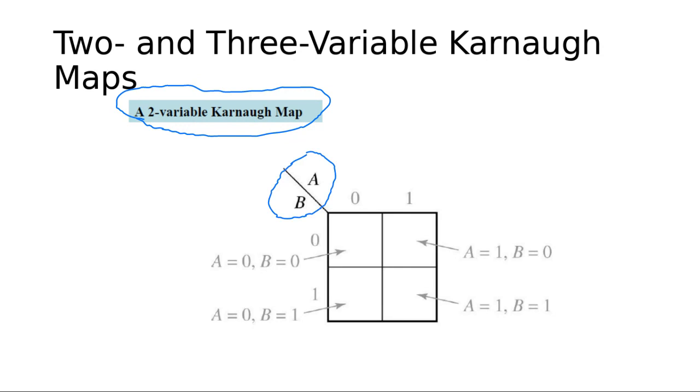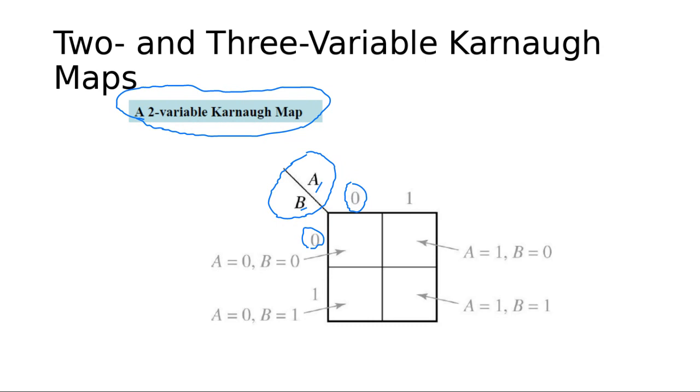You write the inputs like that. There is A and there is B. A can be 0 and 1. Also B can be 0 and 1. So you have 4 squares, right?